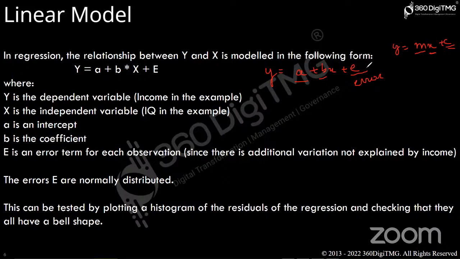Now there will be one error for each row, basically. If we plot these errors, it should come out as a bell curve. It should be normally distributed. So how can we test this? Very simple.